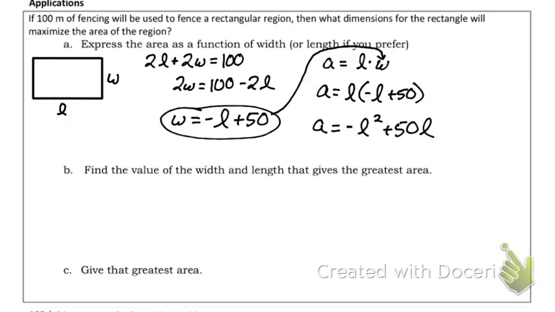It's just like X squared, but it's an L. So this is a quadratic. And not only is it quadratic, I have a negative A value, so it's a quadratic that opens down. Right at the top is my vertex, which is also my maximum.